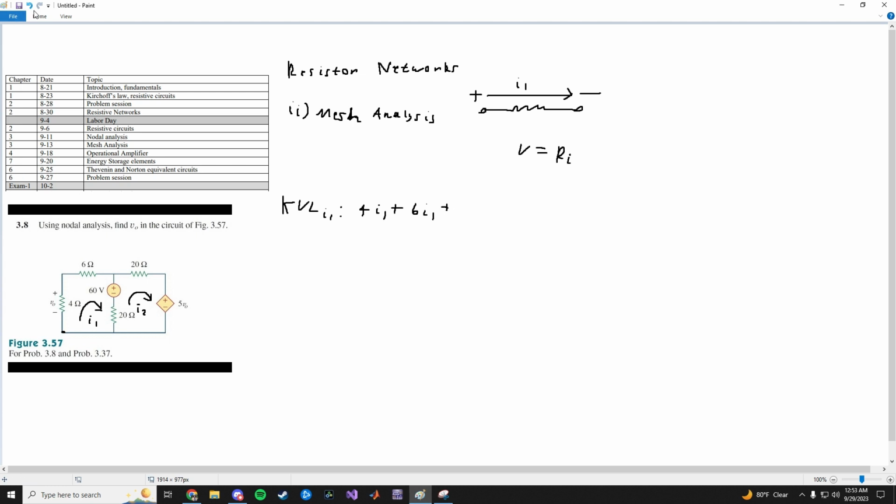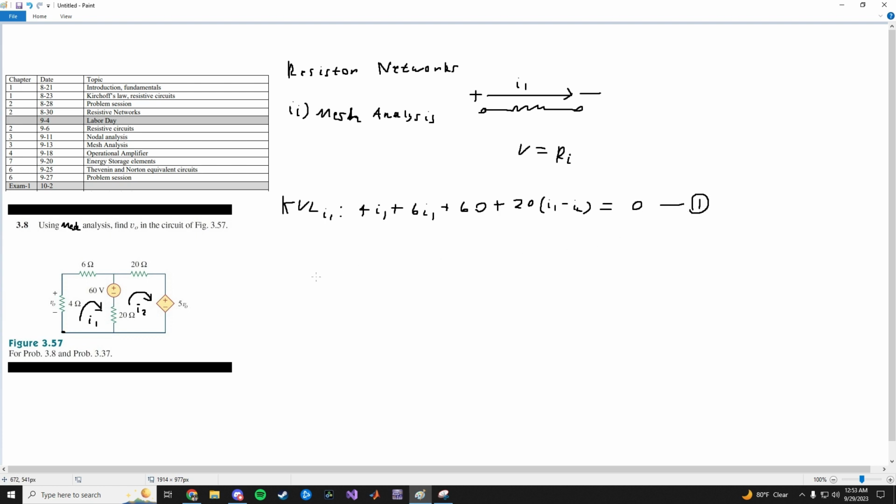You know what, that's fine. You can solve it either way. We'll use mesh analysis. Okay, 4I1 plus 6I1, and then we're going down here, plus 60 plus, now this resistor is in between the two meshes, so we have to do 20 times I1, the current you want, minus I2, and this is going to be equal to 0.